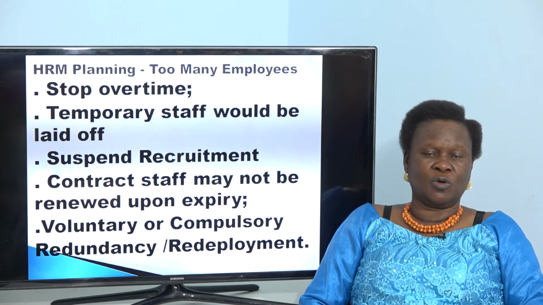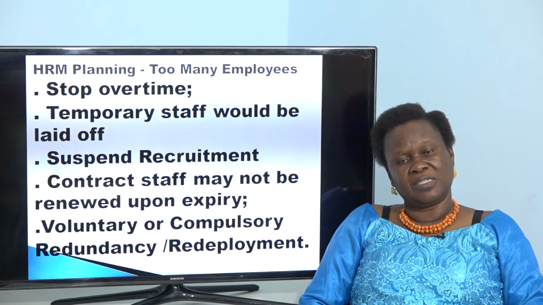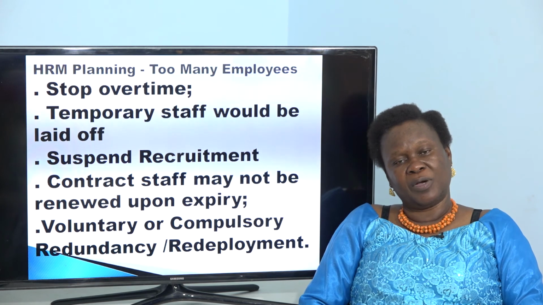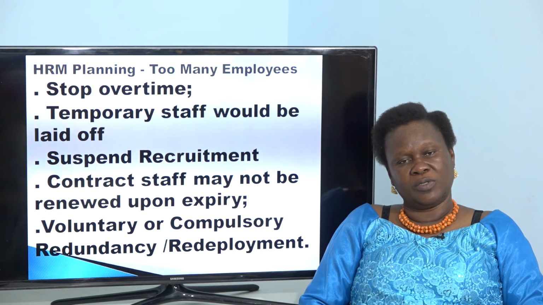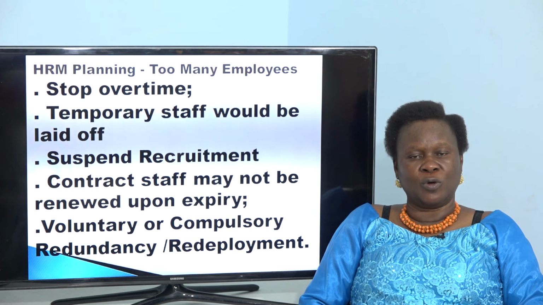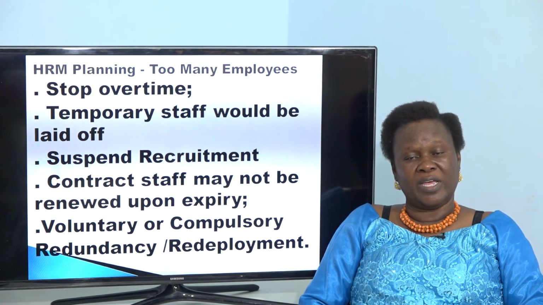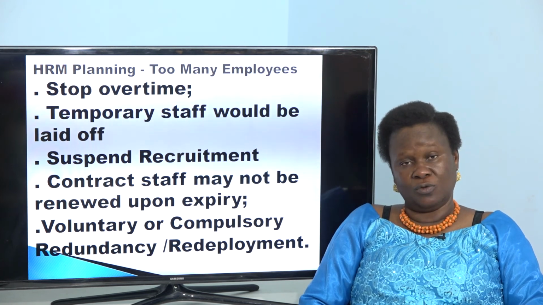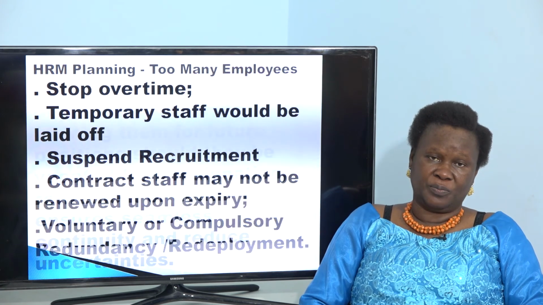Redeployment comes because if there are shortages in some department and excesses in another, those that have excess would be redeployed to areas where they have inadequacy. If that fails, then we look at compulsory or voluntary redundancy, where the company would tell you that you are excess to their requirements and they will not be needing you.